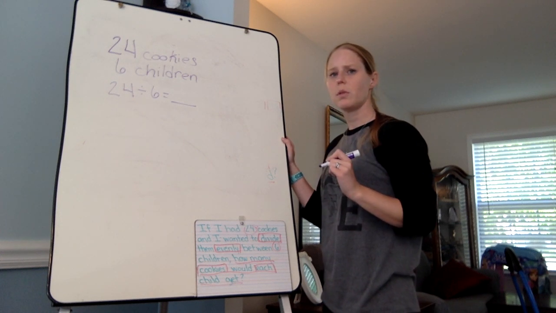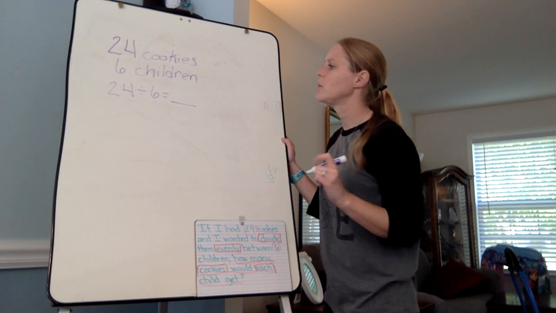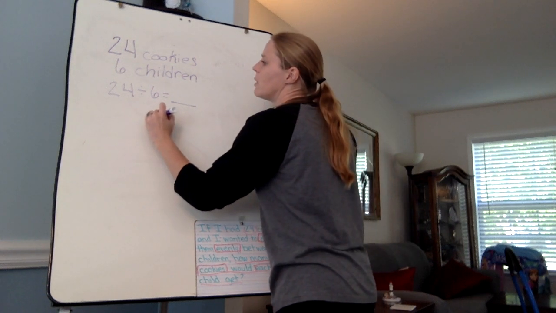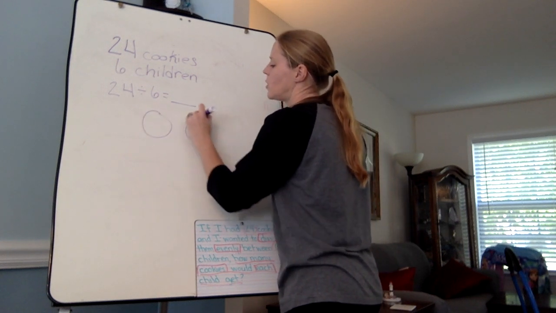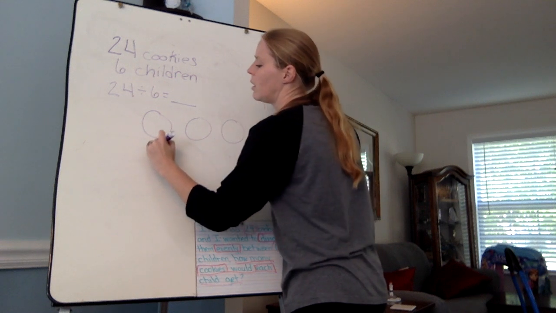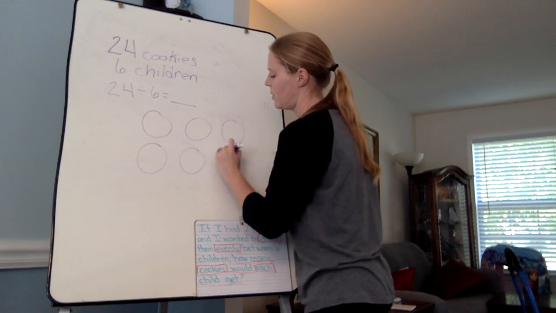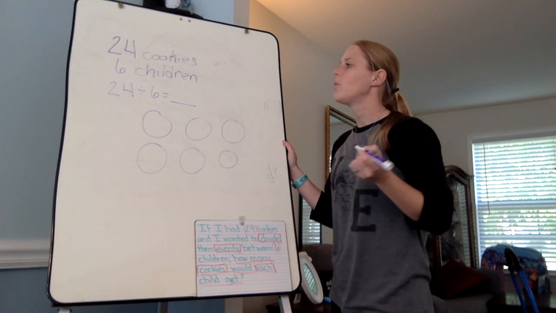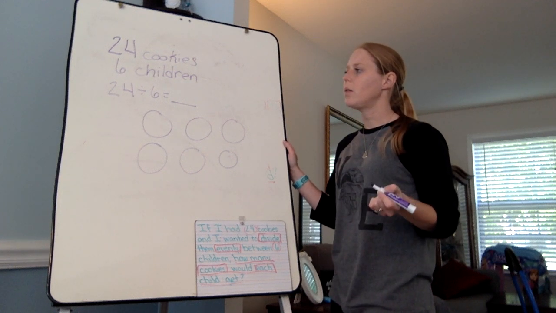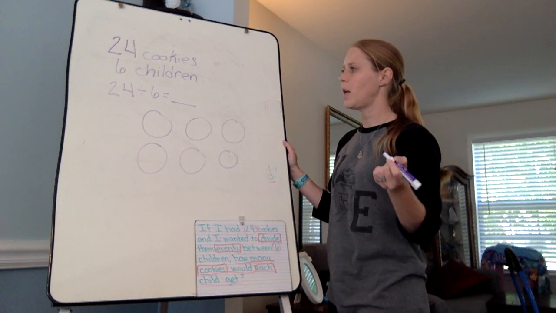Let's do some loops and groups. It's been a while since we've done those. So my groups are my kids because this is a sharing. We already know how many groups we have. So there's my groups.